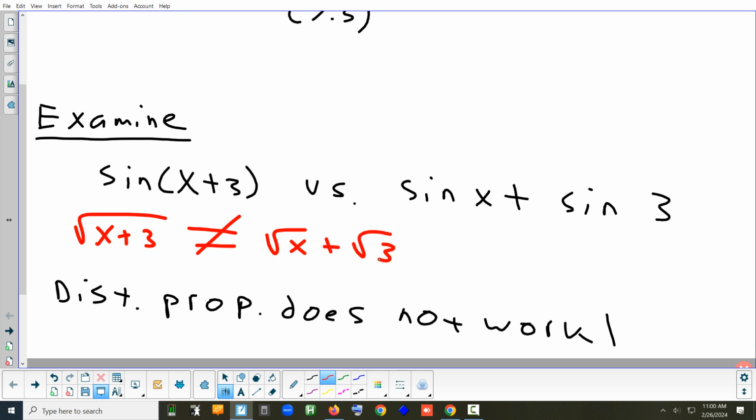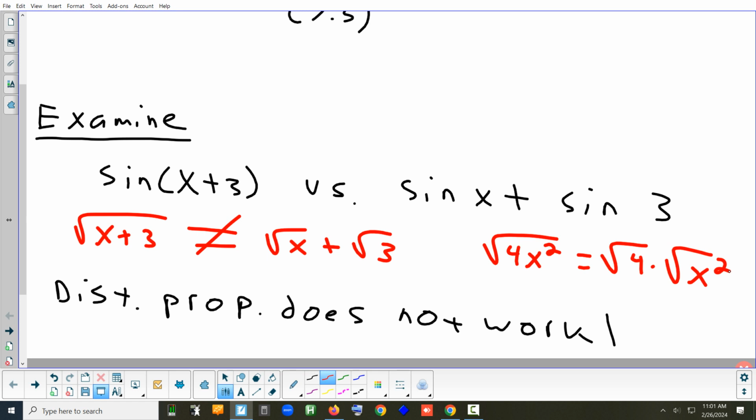The distributive property does not work when you're trying to apply a function to something. Now, if it was multiplication, that's different. If you had the square root of 4x squared, that is the square root of 4 times the square root of x squared. But that only works because it's multiplication under the argument, not addition.